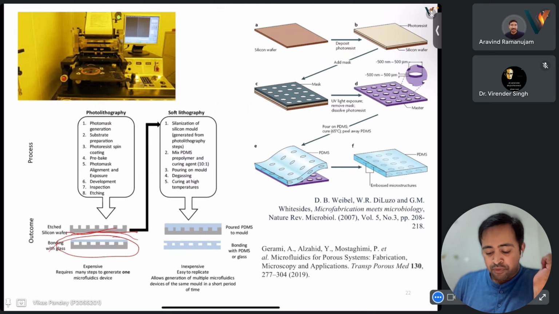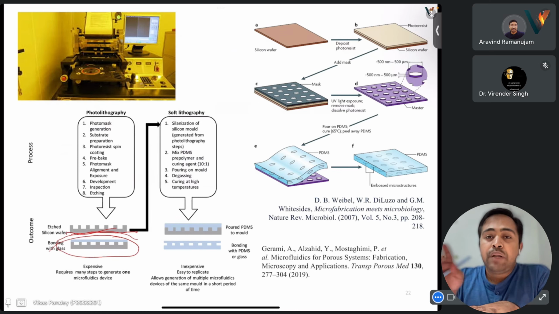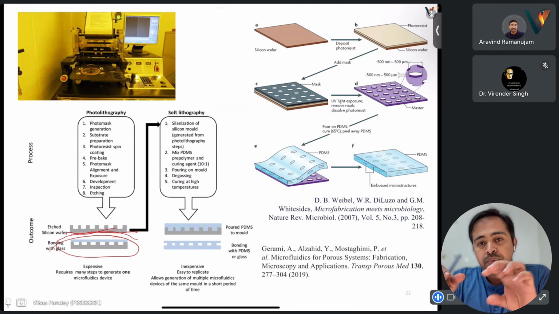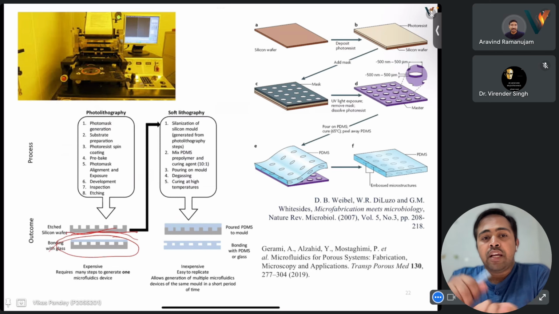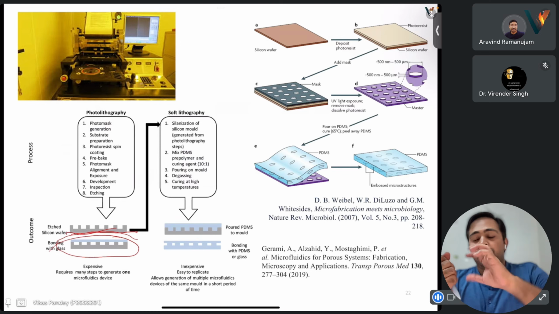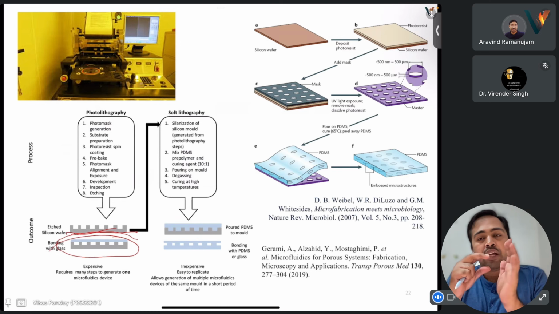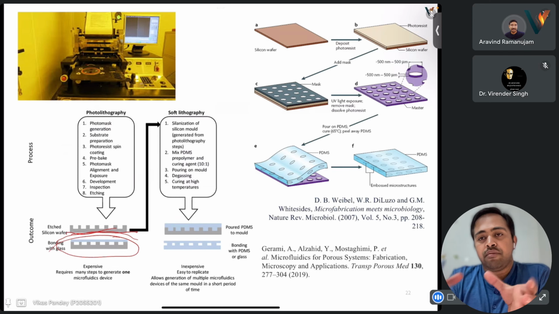Instead, PDMS is poured over it and then peeled out. In this PDMS, we will have embossed structures. That is soft lithography. It is cured and settles and then it is peeled off.